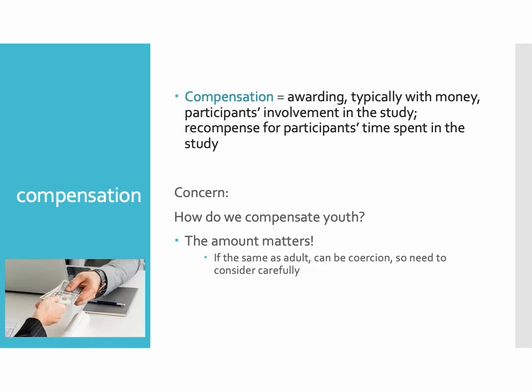Or, can you keep it open so those who need to pay bills can? Or for a child, we might have a youth advisory committee and ask, what would you like as compensation for your time? They're really cool and creative about their compensation ideas, and we as researchers listen and take it into consideration if we can, anytime.